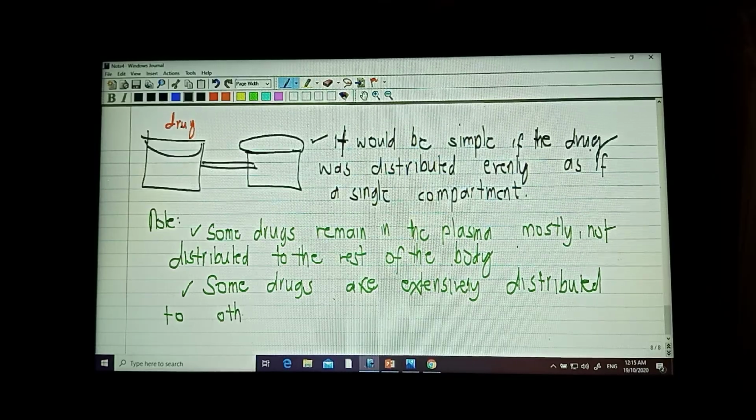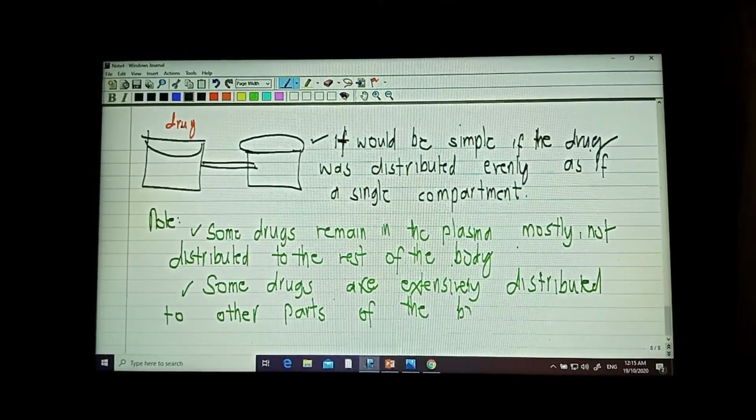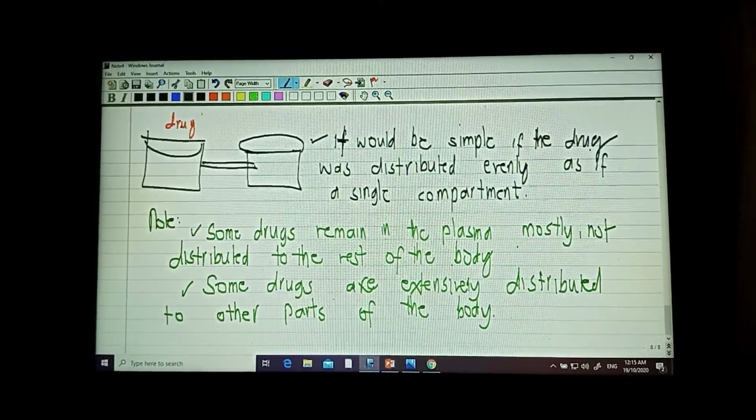That is the concept of volume of distribution. Again, volume of distribution is the apparent volume in which the drug is dissolved and it reaches equilibrium. So, ang kailangan natin tandaan ang mga keywords dyan, very important yan.